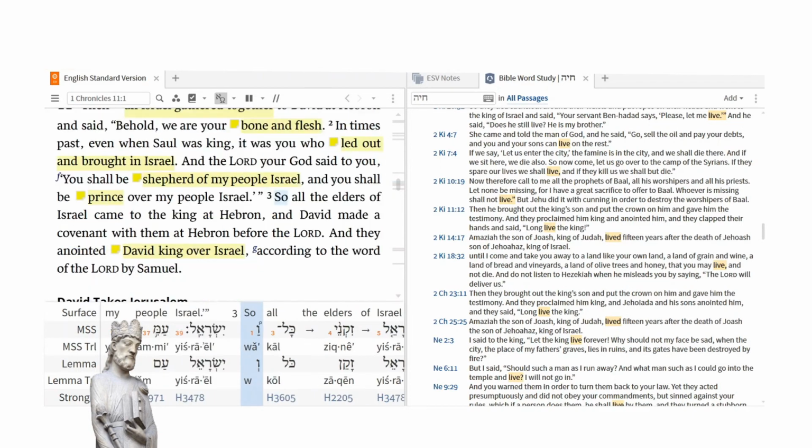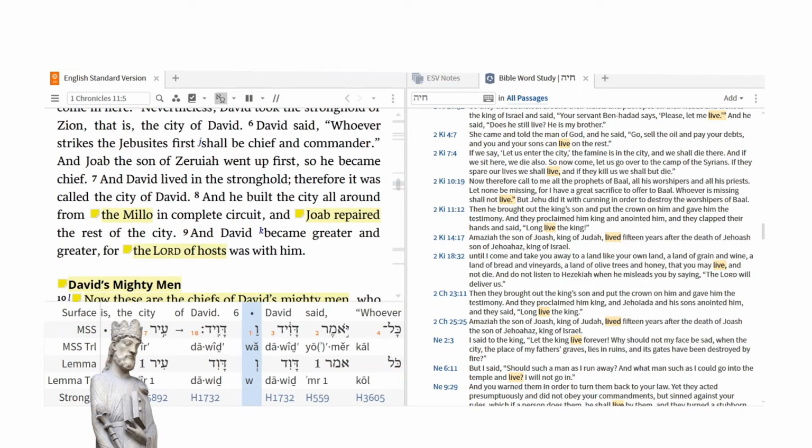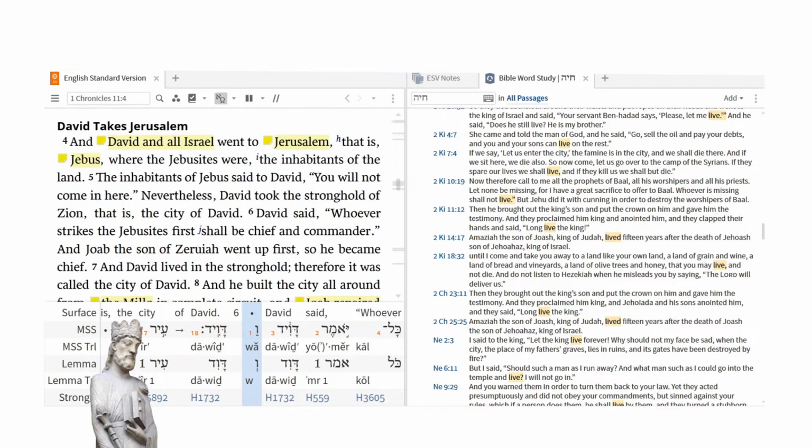And given, again, coupling that up with the bone and flesh language above, and going back to some of the other Adamic typologies, Melchizedek, his associations with this city, I can't help but wonder if some of this is not in play here. Adam as the first priest who was supposed to protect his bride. And here you have, again, David, in a sense, recapturing the bride. And it should be noted that they captured Jerusalem from the Jebusites.